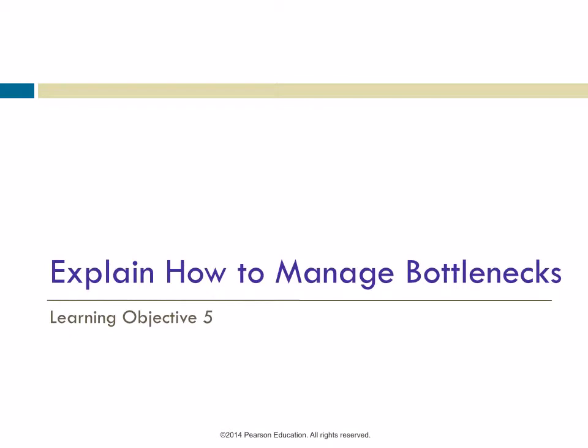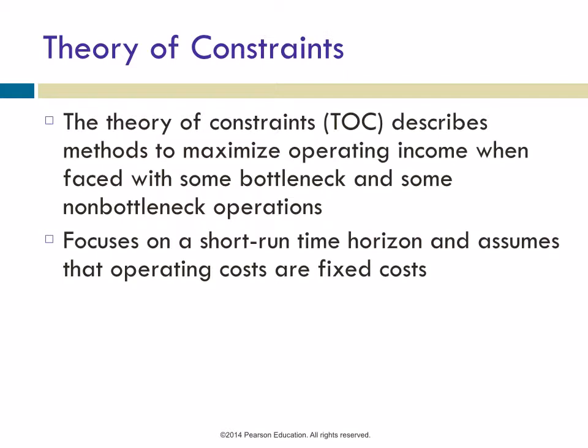The goal is to produce as much revenue as we can, produce as much income as we can. So theory of constraints basically describes methods to maximize operating income when faced with some bottleneck and some non-bottleneck operations.